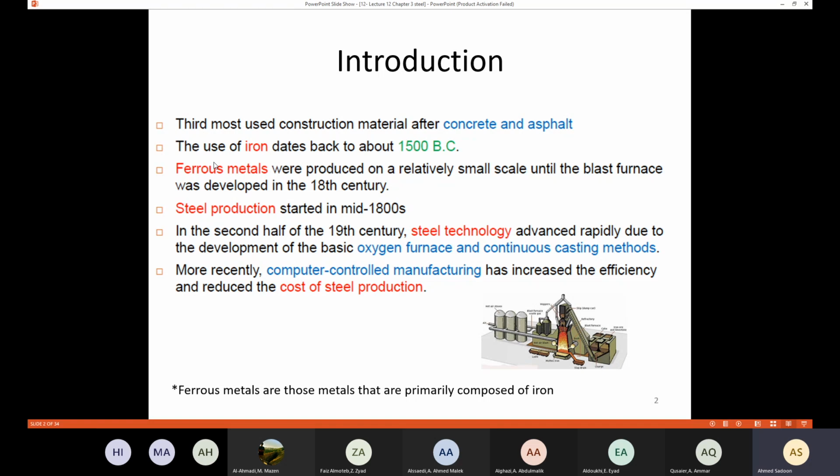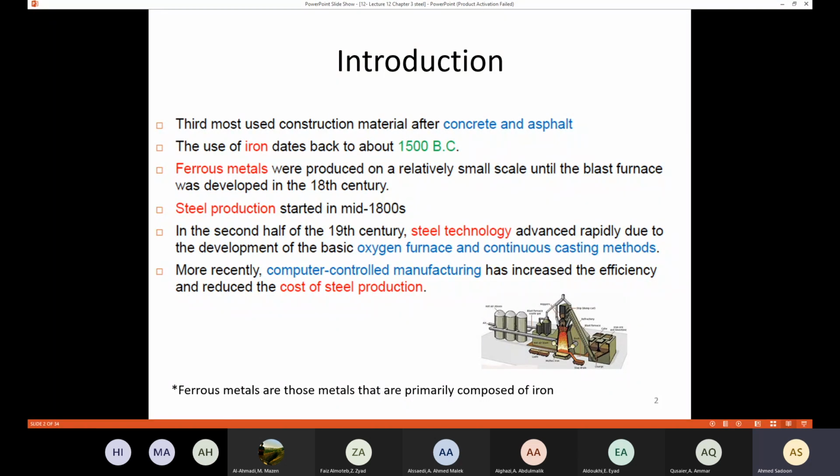The first metals, those metals that are primarily composed of iron, were produced on a relatively small scale until the blast furnace was developed in the 18th century. So before the 18th century, iron production was small.